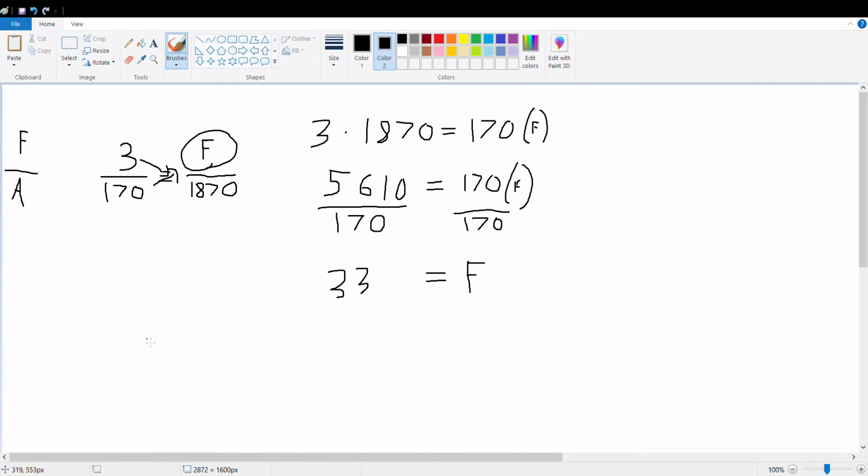So we would end up with an answer of F equals 33, which is what would go into our box up here. So our question is asking us, how many tons of fertilizer does Farmer Brown need? Well, he needs 33 tons of fertilizer. 33, or F equals 33, would be our answer.